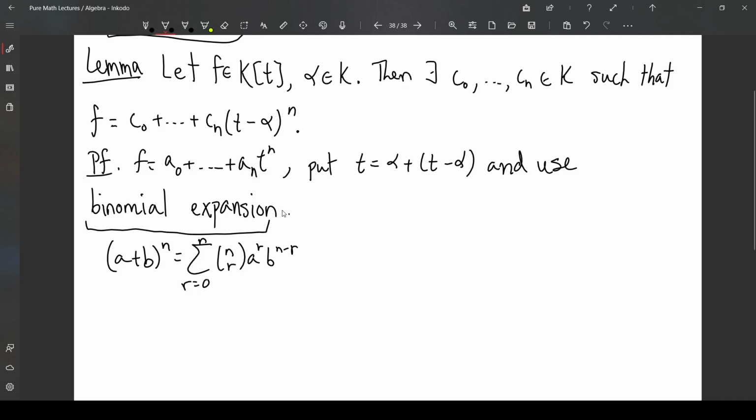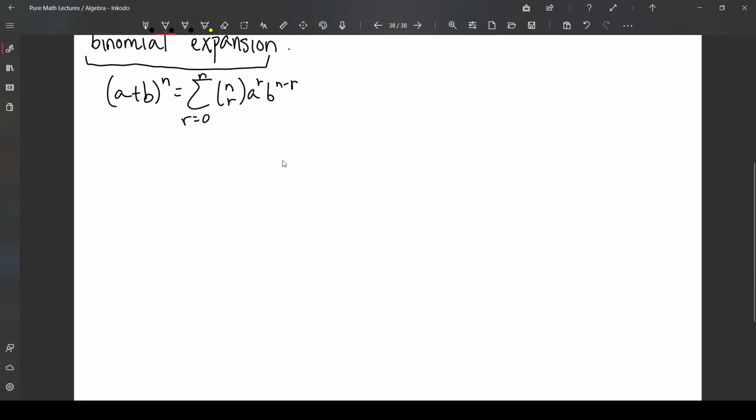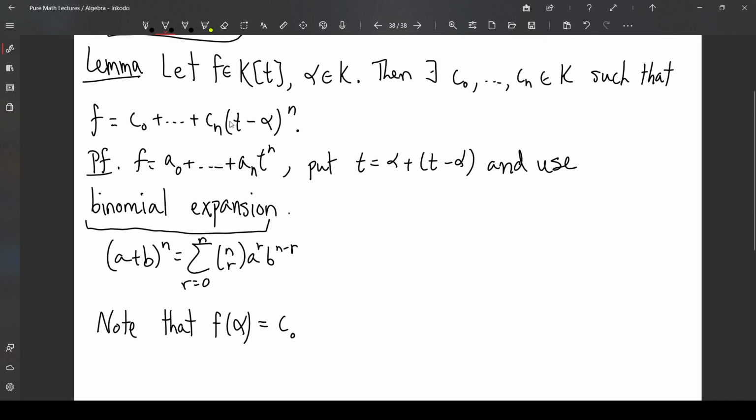So why is this important? Well, note that f of alpha, in this new terminology, if I plug in alpha, then all the t minus alpha terms are going to be 0, so I just get c0.